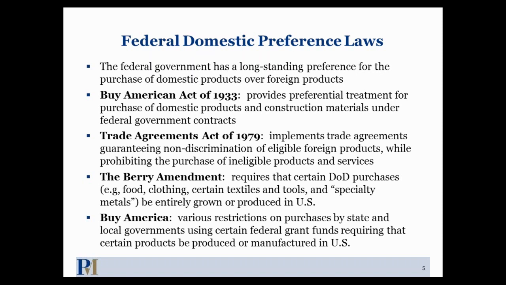So for DOT administrative agencies such as the Federal Highway Administration, Federal Transit Administration, Amtrak, Federal Railroad Administration for high-speed rail, and FAA. In addition to these, there are also other domestic preference statutes and regulations that exist within specific agencies with their own unique rules. So, you need to pay attention to which specific ones apply, but the big ones are BAA and TAA, and that's what we're going to focus on here.